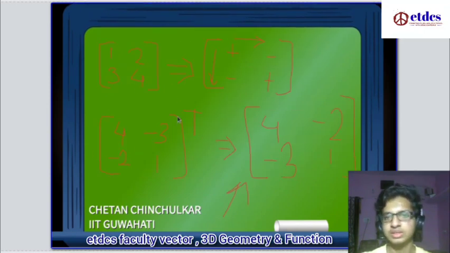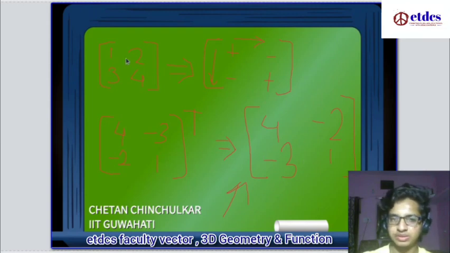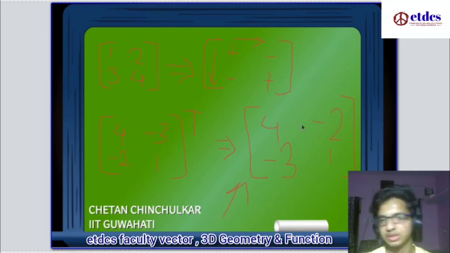Now we see a pattern. This special trick is only applicable for 2 cross 2 matrices. What is that special trick? Instead of doing the signs, then finding the matrix of cofactors, then doing the transpose, and at last finding the adjoint, we can skip all these steps and directly jump here.